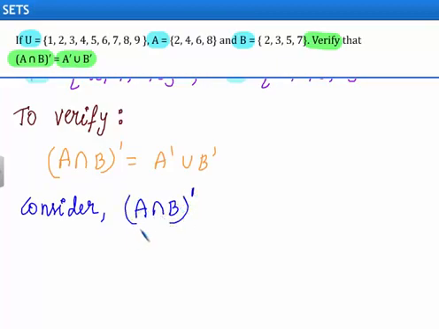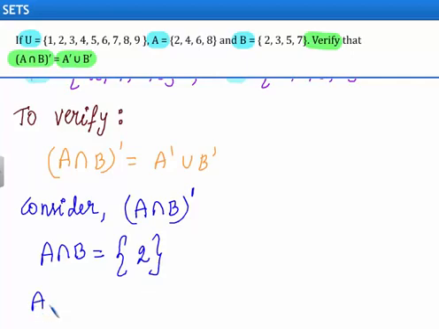To find complement of A intersection B, first we need to find A intersection B. This will be equal to set of all those elements which belong to both the sets A and B. So here we have only one element which is common to both the sets. So it is 2.